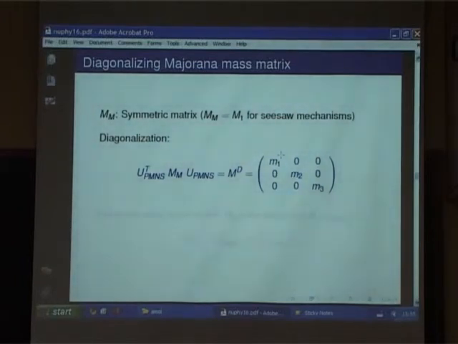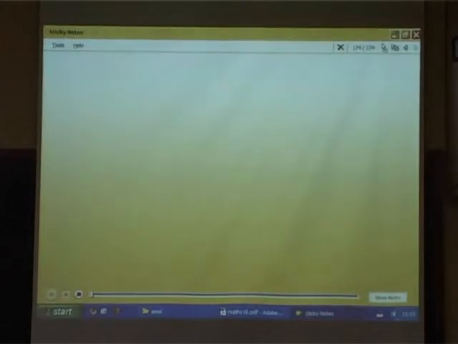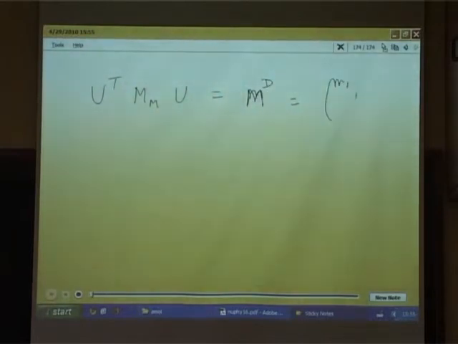So I have this U transpose MN U is equal to my diagonal mass matrix, D, upper D means diagonal. So what will my MN be?